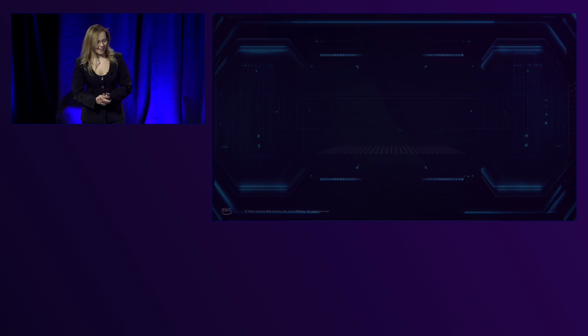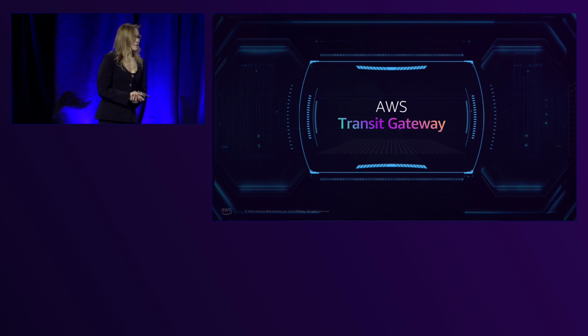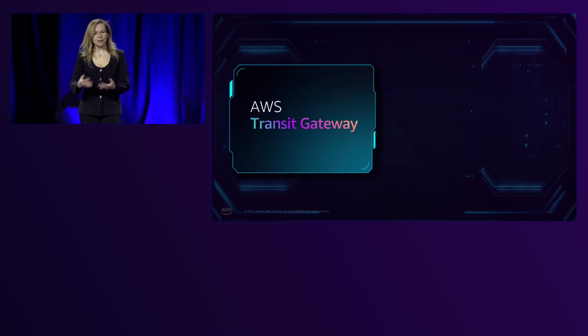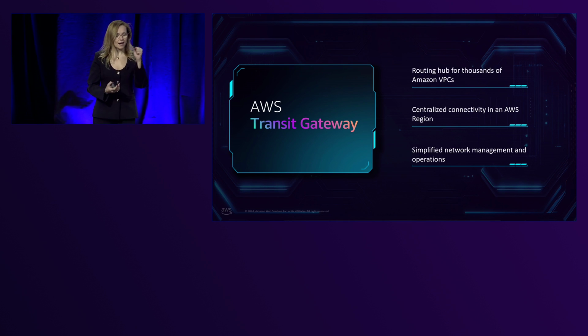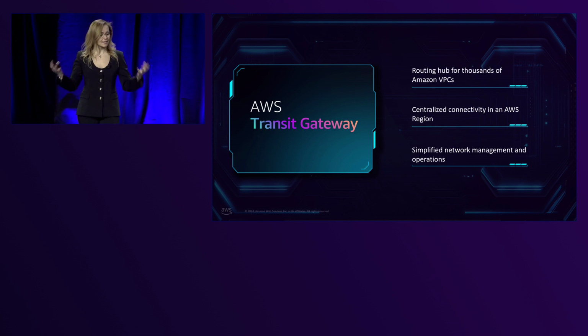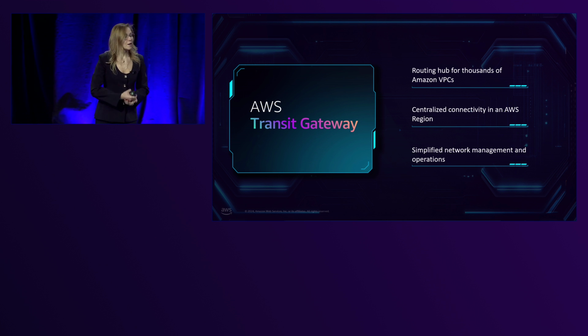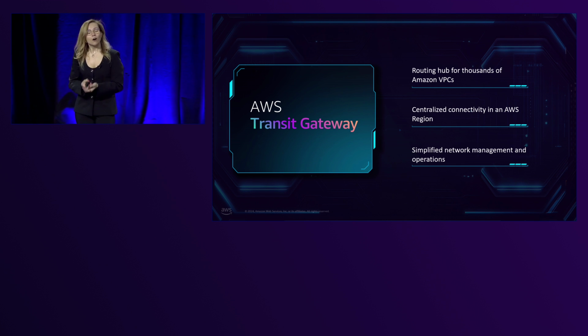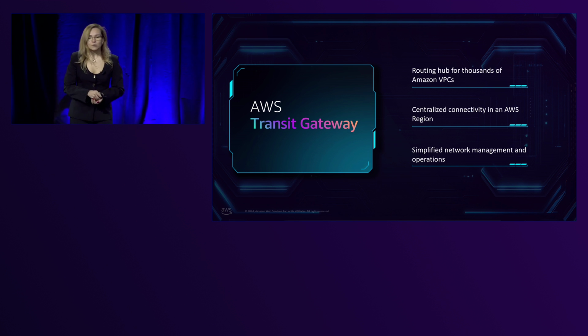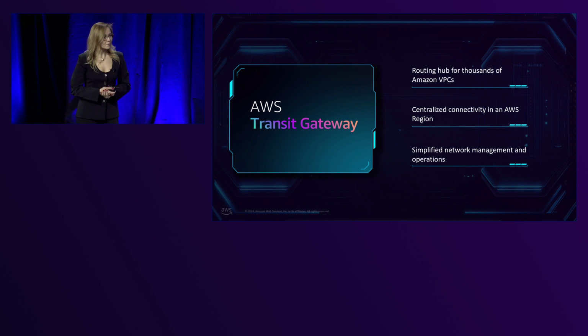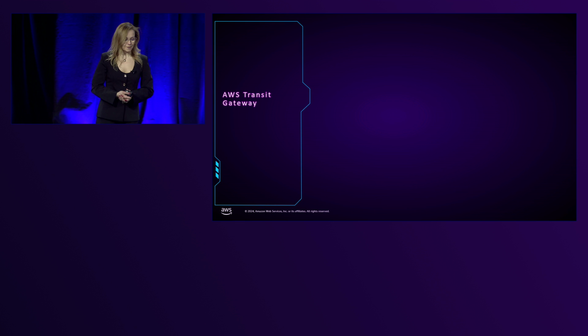I was a customer back then. So if we talk about Transit Gateway, we talk about a hub and spoke type connectivity model, right? Where the hub is the Transit Gateway that connects thousands of VPCs together, provides hybrid connectivity, all localized within the same region, right? And brings up the simplified operations and management.